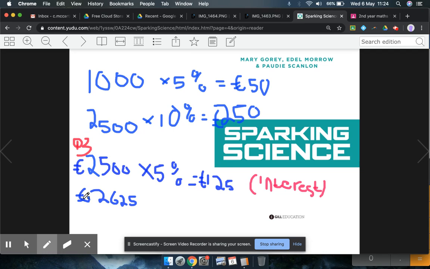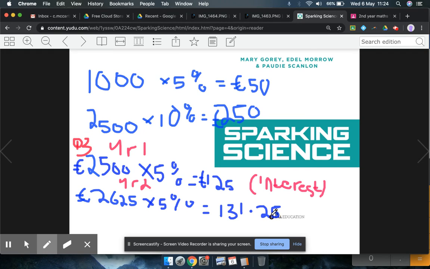Okay, but now we're moving on to year 2. So maybe I should label these year 1 and year 2. Now we're on to year 2. In year 2, they're still earning the 5%, so I multiply this by 5%, and I get a value of 131.25. Notice how the interest earned this year is a little bit more than the previous year.